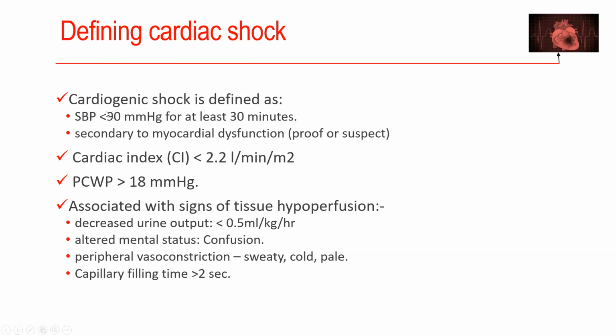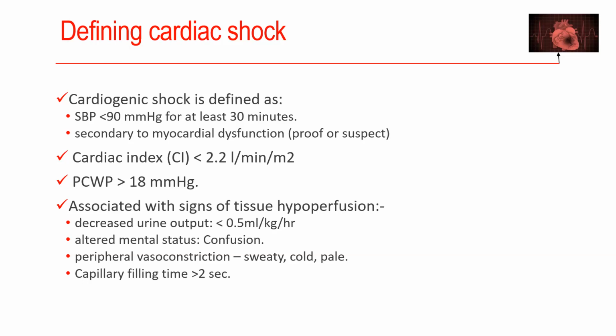So systolic blood pressure is down, cardiac index is down. Remember, normal cardiac index by AACN standards is 2.5 to 4. So cardiac index is less than 2.2, and you have a high presence of volume in the veins. So your wedge pressure is greater than 18. Your CVP typically is greater than 12.